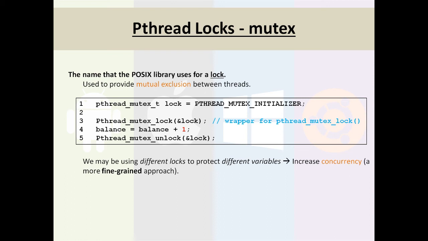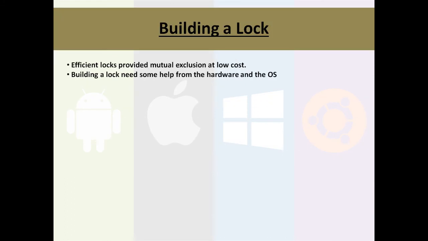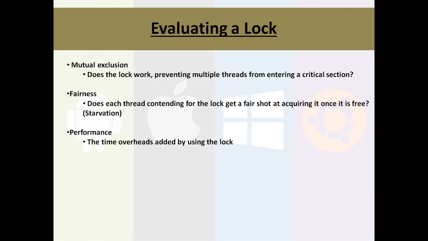So just to finish part 1, we're going to be thinking about building a lock from scratch. When thinking about building a lock, we need to think of an efficient way of providing mutual exclusion at a low cost. And building locks needs some sort of help from the hardware and the operating system to perform its task.